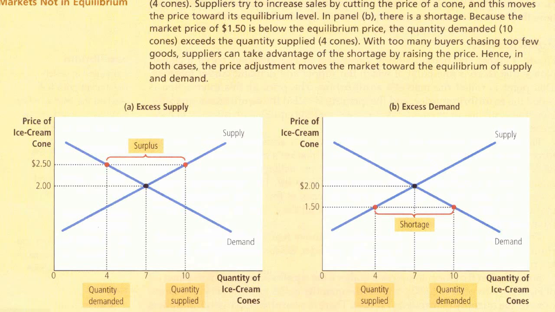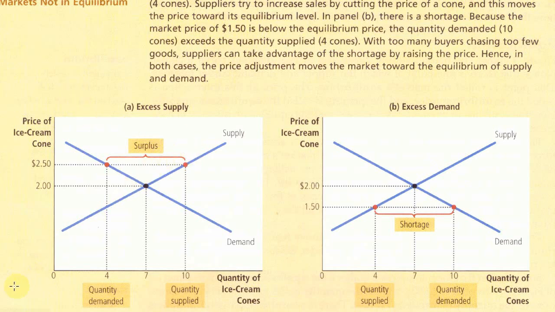So we have reviewed what the equilibrium price is. The equilibrium price is the price where demand and supply conditions meet together. So demand and supply are clearing at this point. We call this the clearing point.